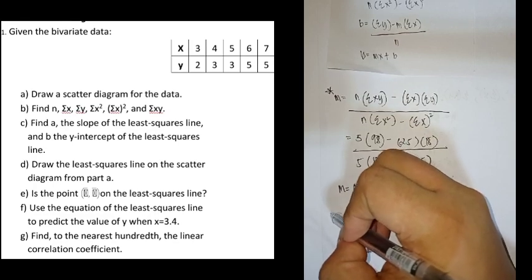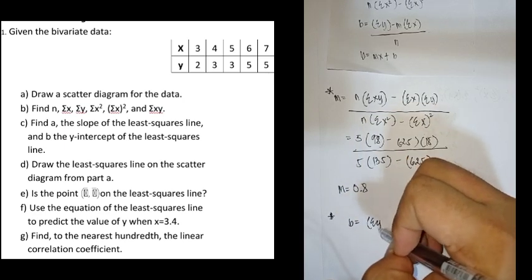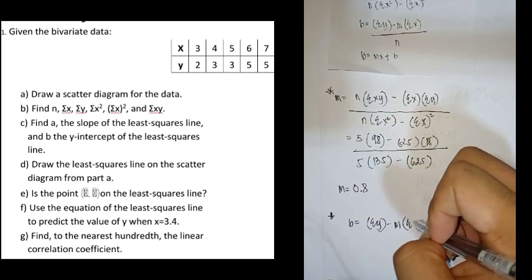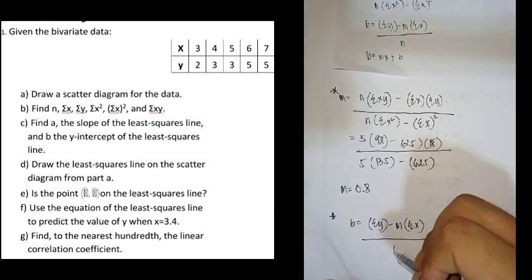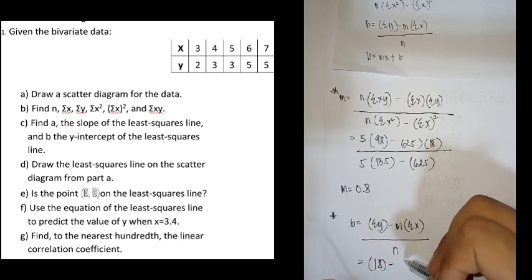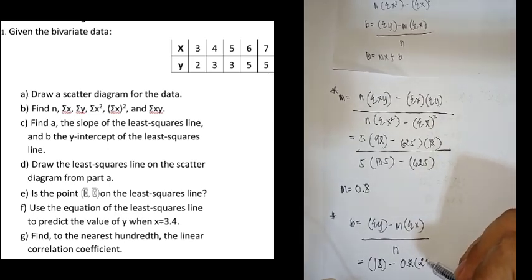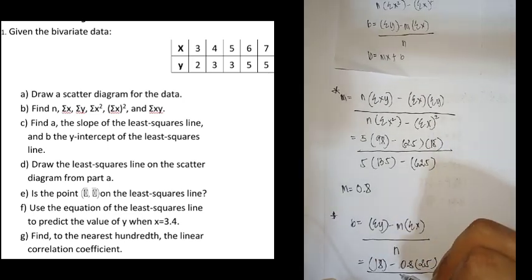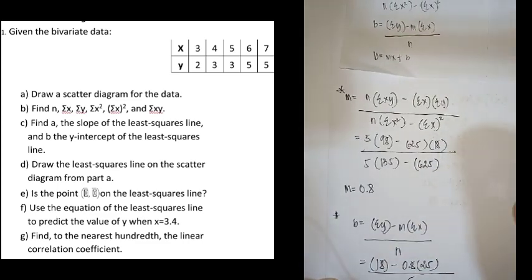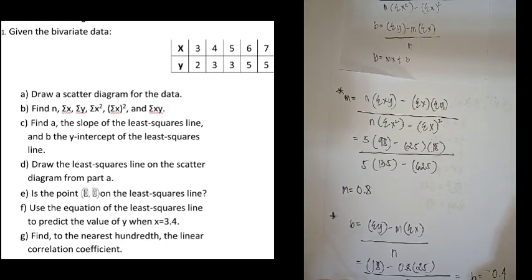In finding b, we have the formula b equals summation of y minus m times summation of x, over n. So summation of y, which is 18, minus m, which is 0.8, times summation of x, 25, over n, which is 5. By calculating, we get b equal to negative 0.4.